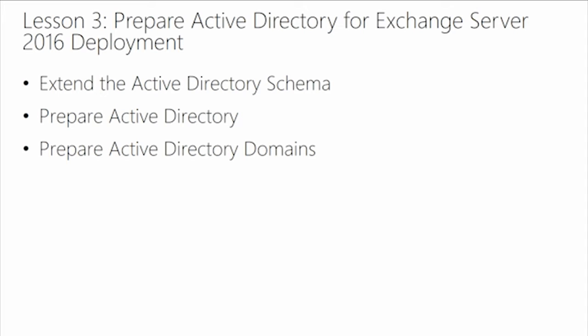So for example, when you create the SMTP connector, that allows you to send mail to somebody else, you can then associate that configuration item in Active Directory. But before it can create that object, it needs to have the ability, the schema or the definition, that's the class of that object. So the first thing that you need to do before you can install Exchange Server 2016 is you need to extend the schema.